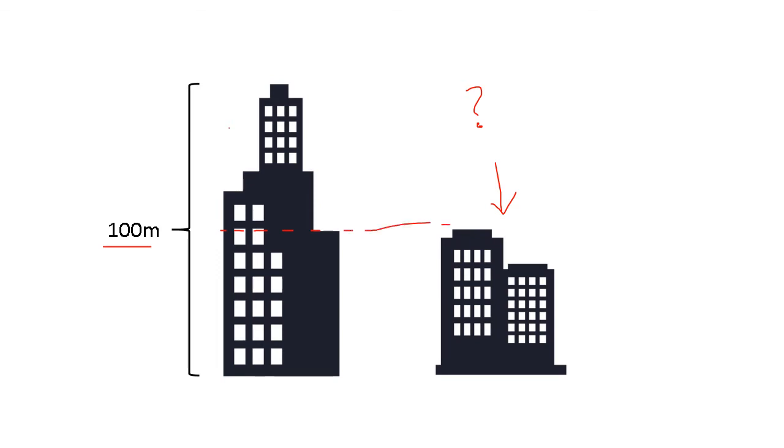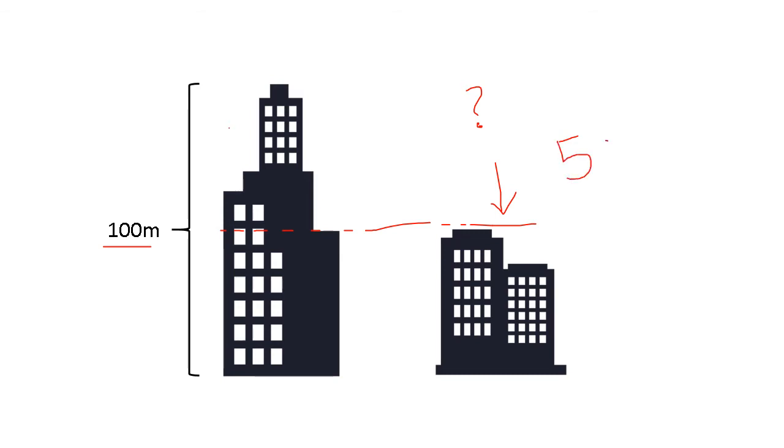We can do the same with a building in a city. I know that this building is 100 meters tall. So, more or less, I can make an estimate of how tall the smaller building is. If you notice, it is about half the size of the bigger one.